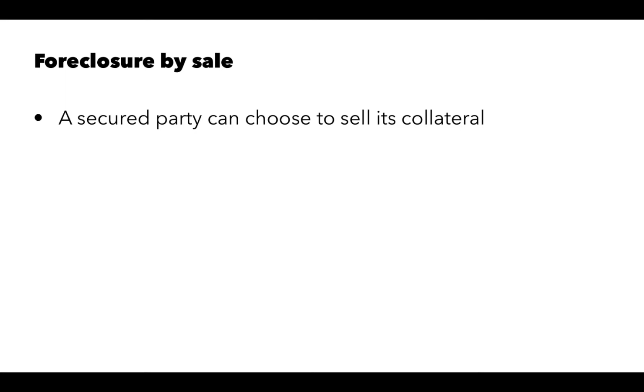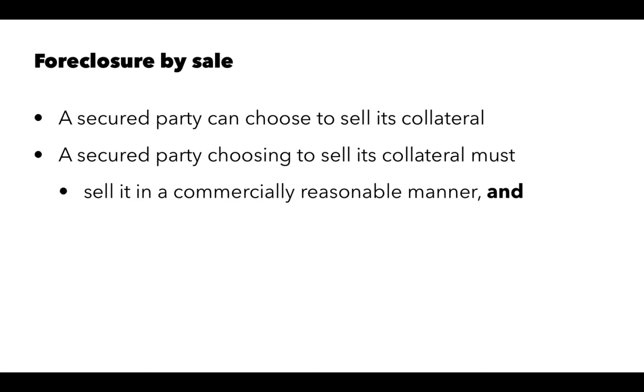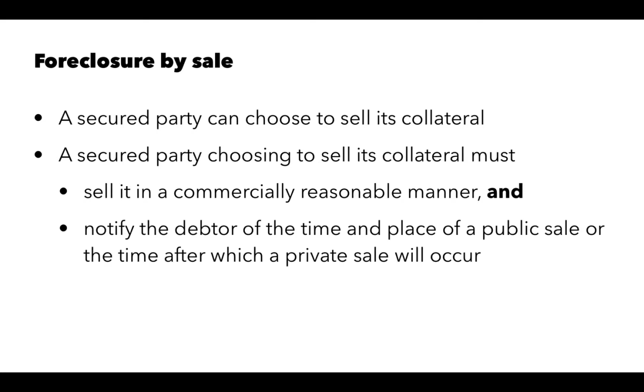However, whenever the secured party chooses to do that, it must do so in a commercially reasonable manner, meaning in good faith as a commercially reasonable entity would. And they must also notify the debtor of the time and place of a public sale or the time after which a private sale will occur.